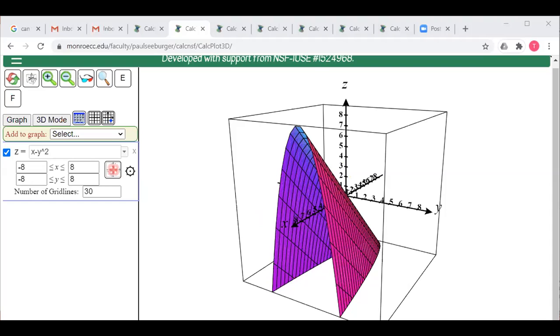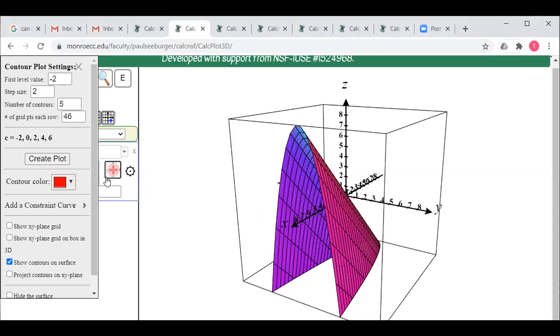Now let's take a look at what the level curve means. For the level curve, you hit this button here. Then you want to set, right? From this example, you set k starting at negative 2, then the next one is 2, so every step is 2.